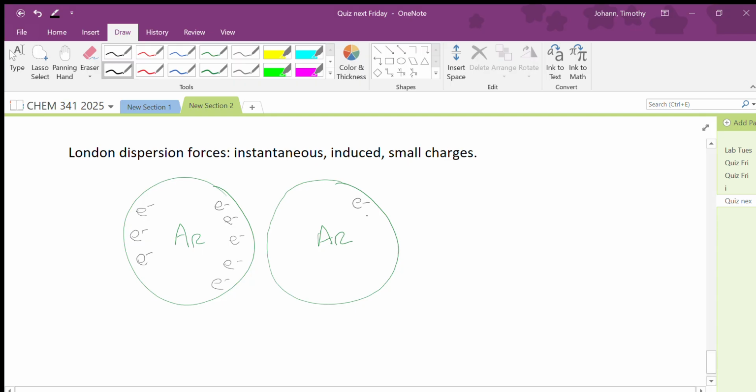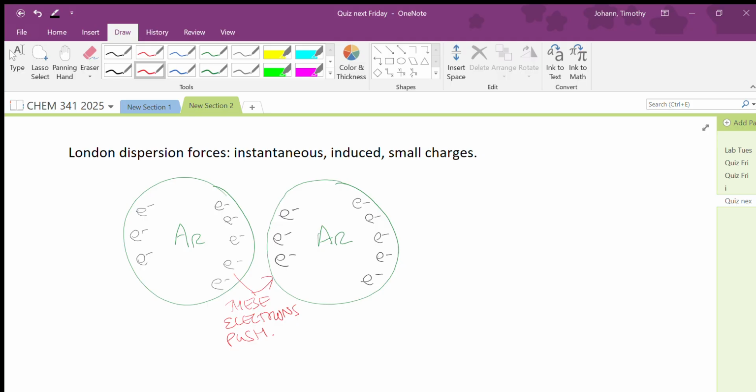And so then we'd end up with this sort of thing. I'm just going to write that there to hopefully remind you if you're looking at the notes later.